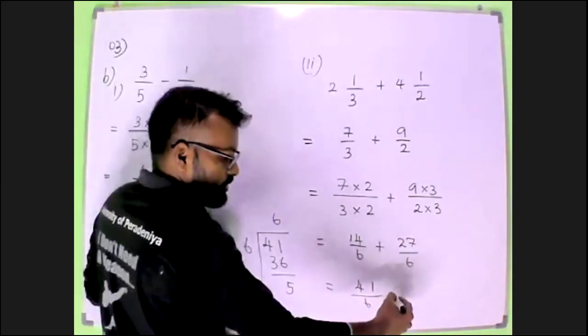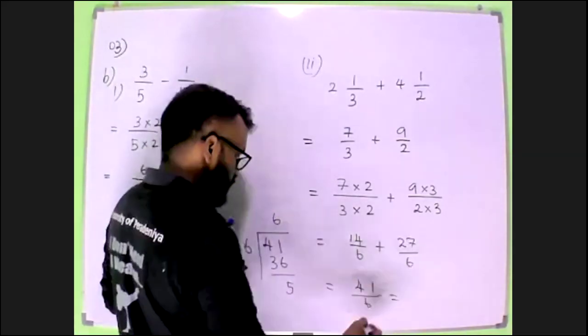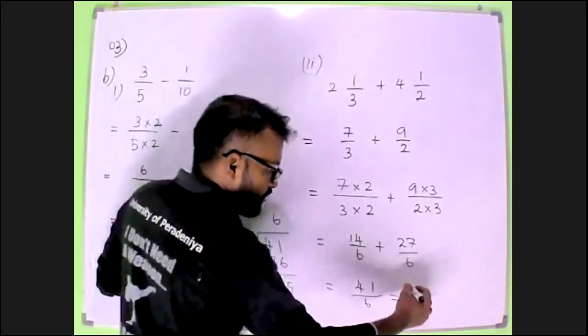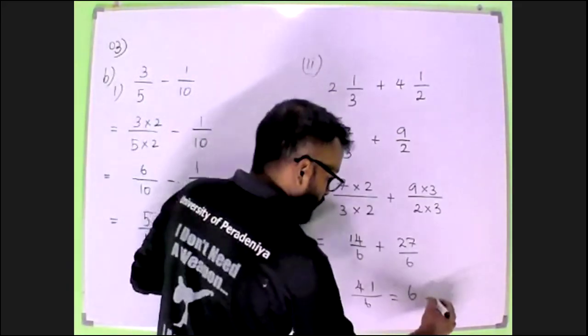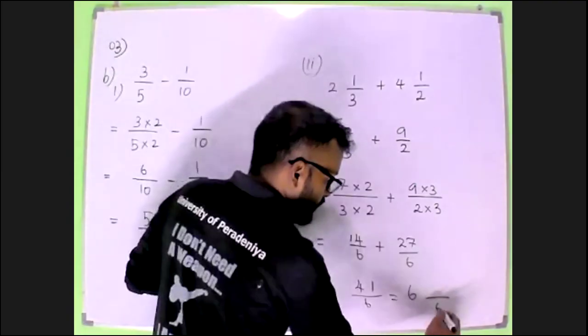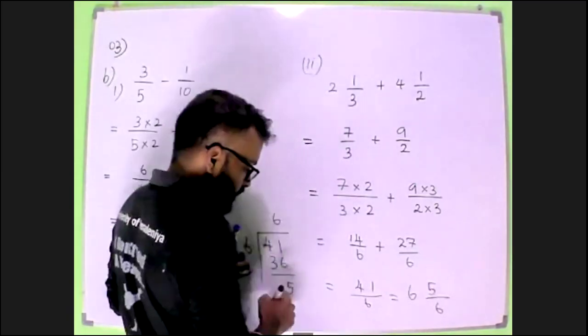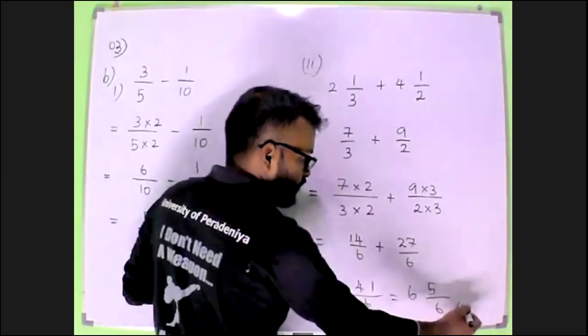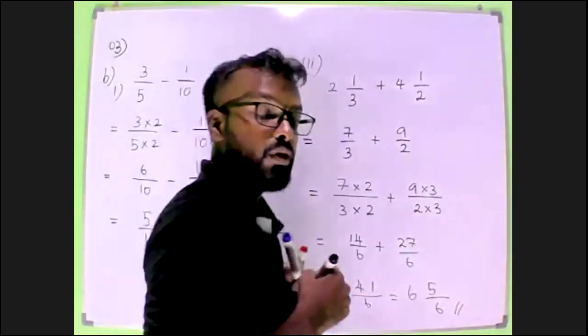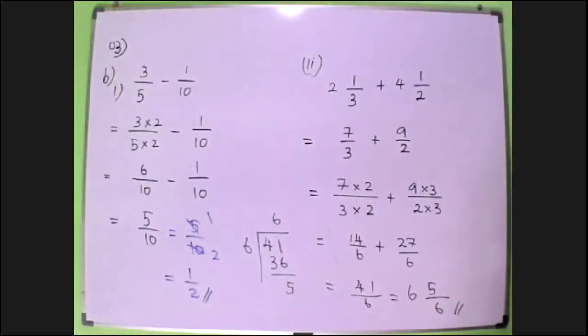So you can convert this improper fraction into a mixed number, right? 6 as the whole number, and the denominator will be 6. The remainder is 5. So this should be your final answer: 6 and 5 upon 6. So that is the end of the third question.